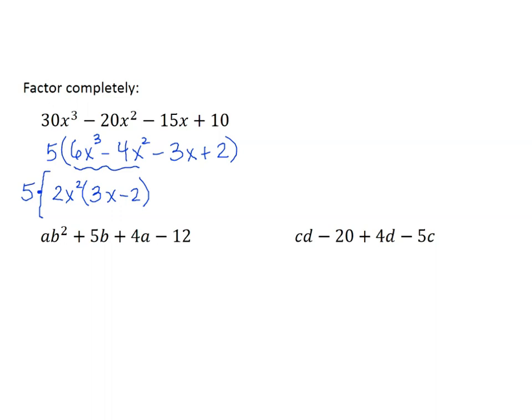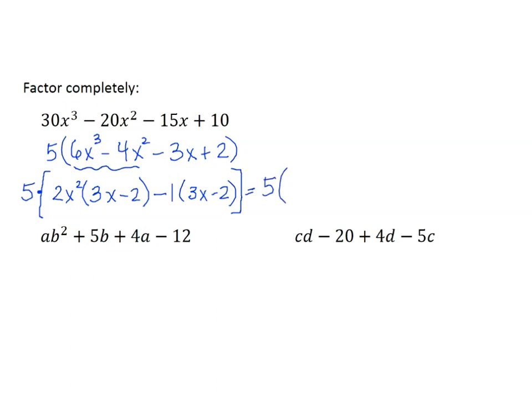Now remember, I want to be left with the same thing when I factor out here. So it's almost the same, but in order to make it 3x minus 2, just like I have in the first set of parentheses, I'm going to have to factor out a negative 1. So now when this is completely factored, I would have my 5 out in front.